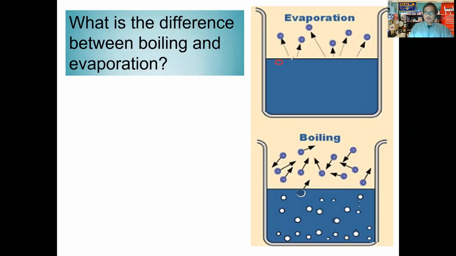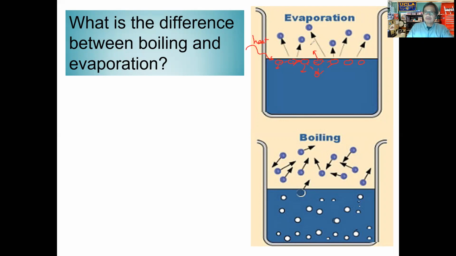Evaporation occurs when particles at the surface of the liquid absorb enough heat energy that they start to move faster and faster. Some of these particles have enough energy to move fast enough to break the attractions they have for all of the particles around them.